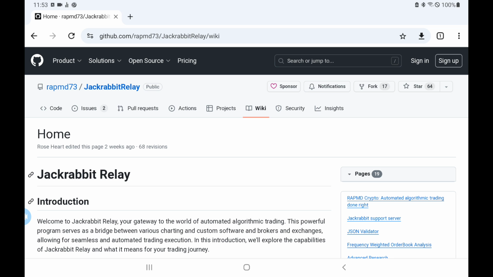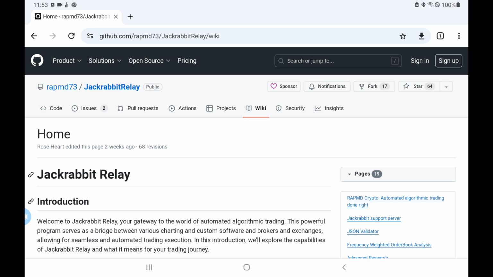It is built into Jackrabbit Relay, which means that instead of paying a third-party service $100 a month for the privilege to paper trade or demo account trade, you can now do so from the comfort of your own VPS with Jackrabbit Relay. We are going to go through the setup process and actually demonstrate many of the functionalities of Mimic.